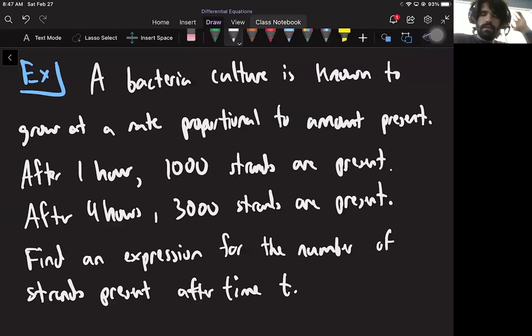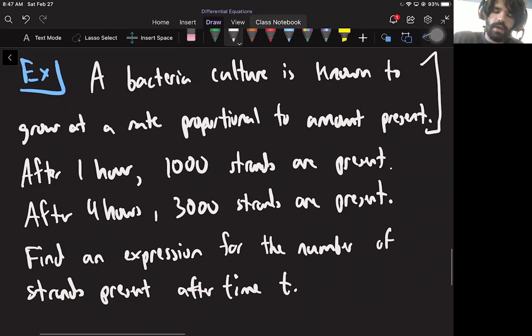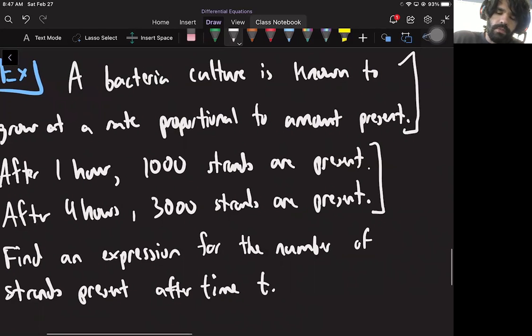Okay, so here is the word problem. Bacteria culture is known to grow at a rate proportional to the amount present. So we are in the correct situation where our differential equation describes the situation. But now we also have these two other facts. After 1 hour, there will be 1,000 strands, and after 4 hours, there will be 3,000 strands. So what these really correspond to are just additional conditions.